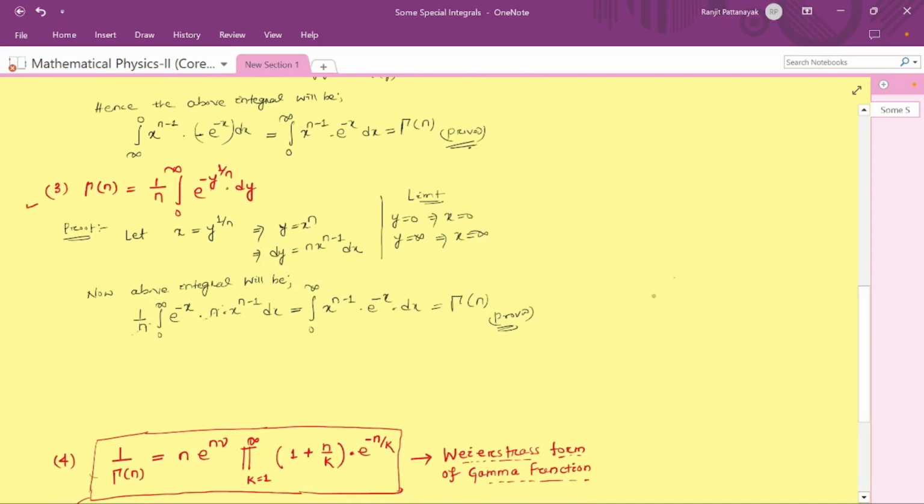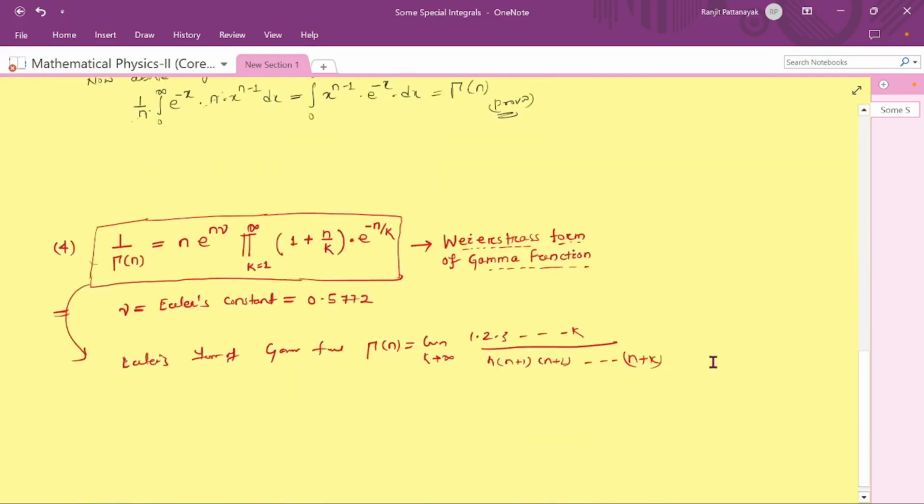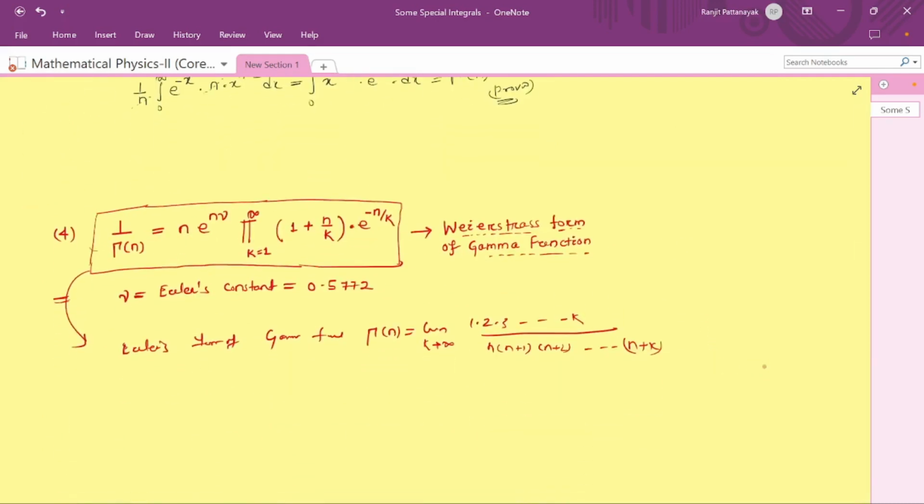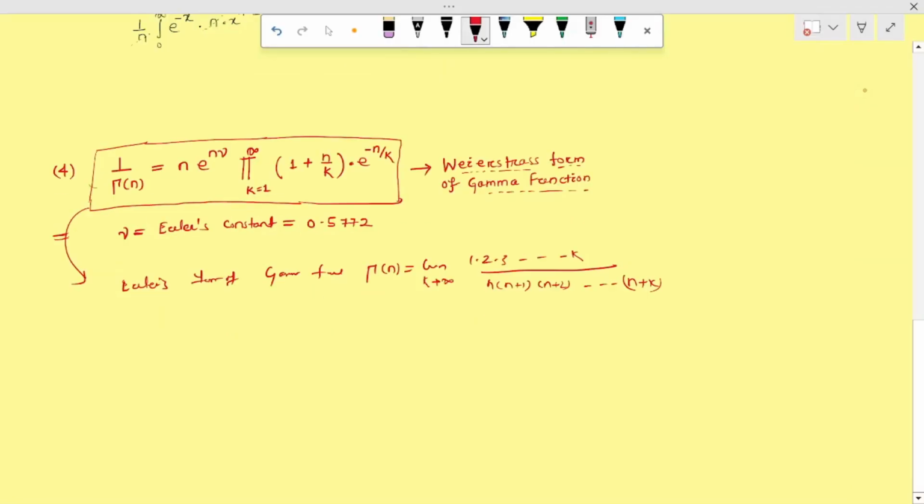In this class we are going to prove the Weierstrass form of the gamma function, that is 1 by gamma n equals n into e to the power n mu, times the infinite product, k equal to 1 to infinity, of 1 plus n by k into e to the power minus n by k.